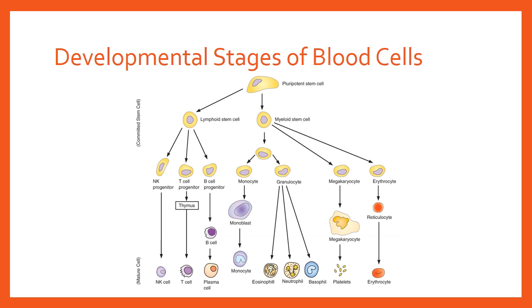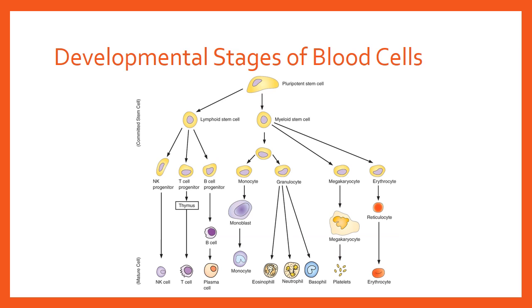After a lymphoid cell is produced, it may transform into a natural killer progenitor cell, T cell progenitor, and B cell progenitor. The natural killer progenitor eventually will turn into a natural killer cell, the T cell progenitor into a T cell, and the B cell will mature into a plasma cell.